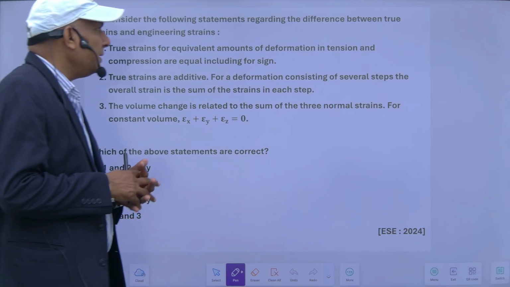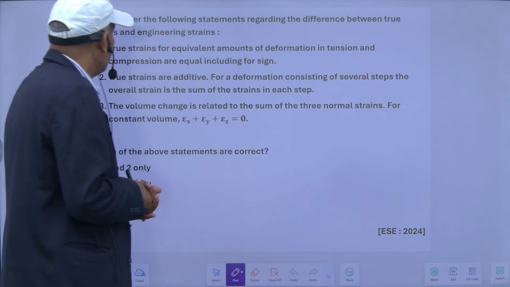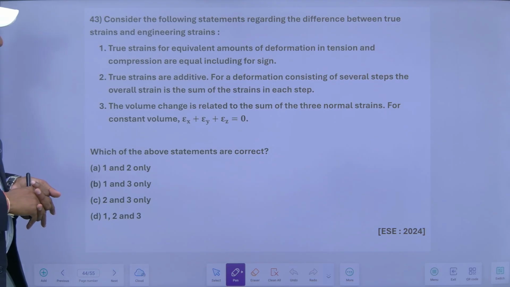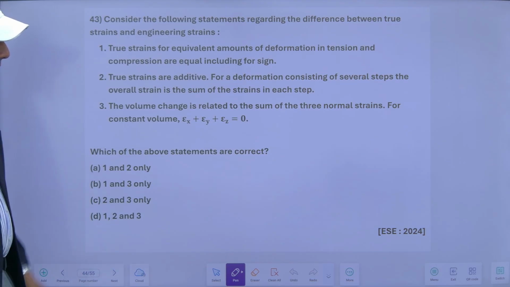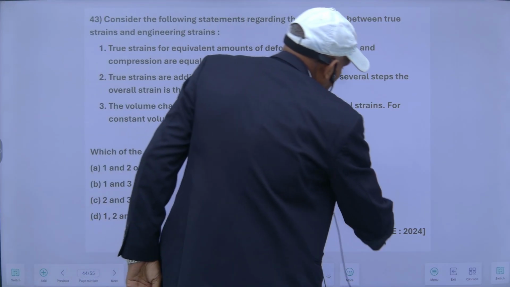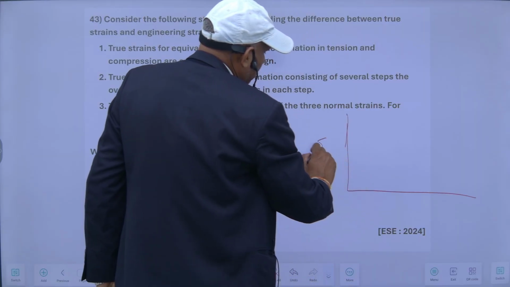Consider the following statement regarding the difference between the true strain and engineering strain. What is the meaning of true strain and engineering strain? So this is my stress and strain curve.